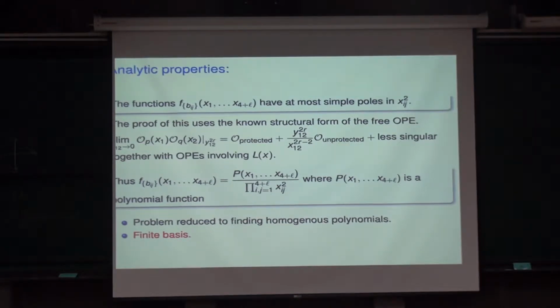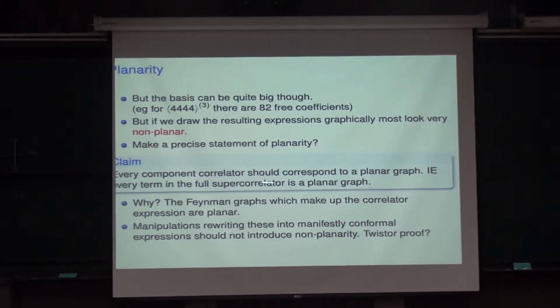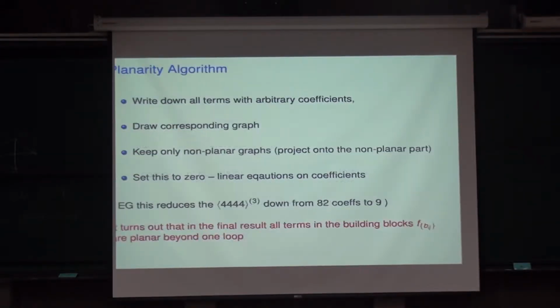Okay, so where was I? So, that's the precise statement: each component correlator should correspond to a planar graph. The algorithm, therefore, is I just write down everything with arbitrary coefficients, and then project onto the non-planar sector. Mathematically, you can do that.